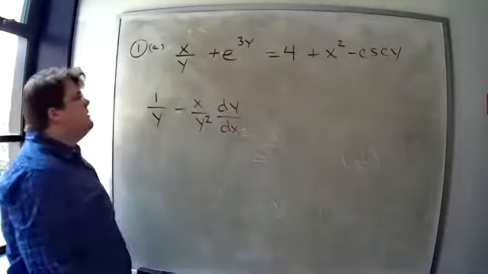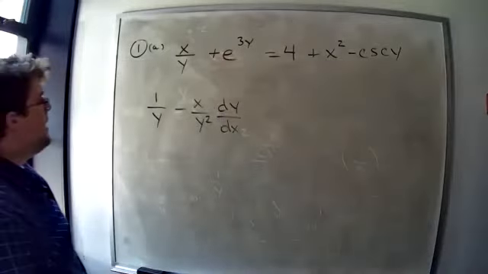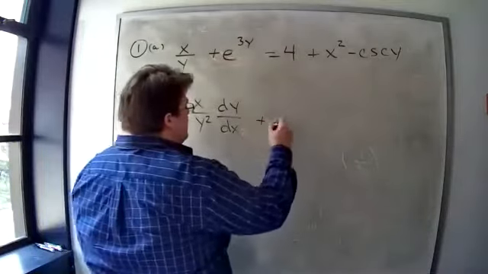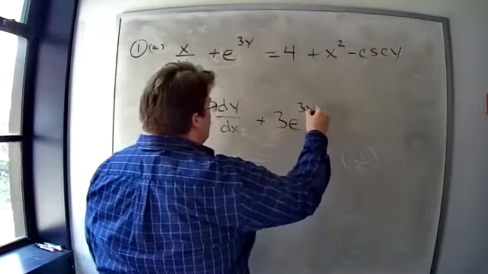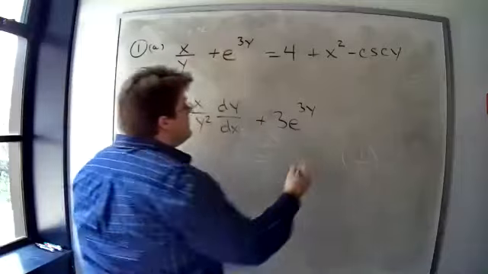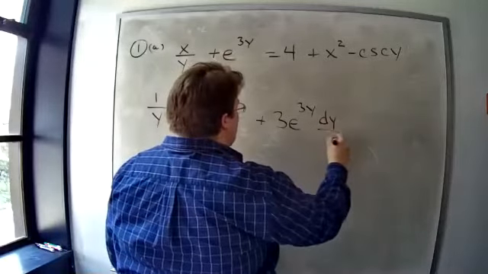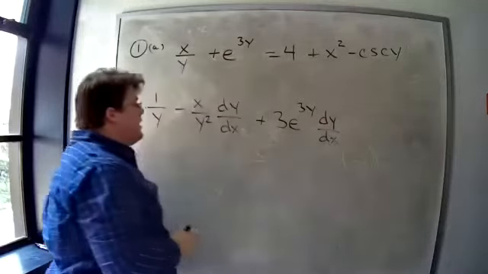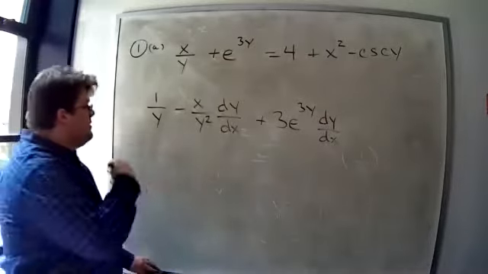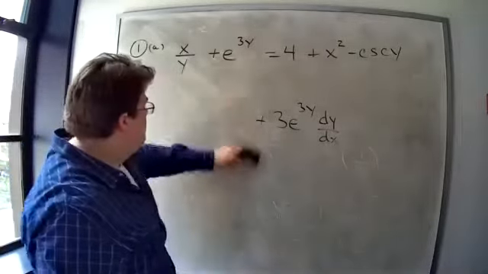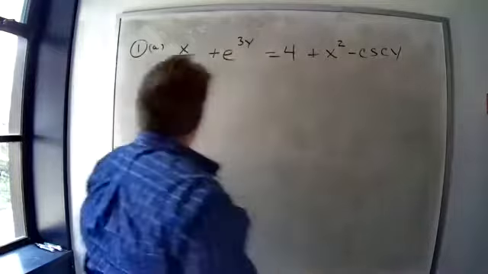So for this next piece, we have e to the 3y. That has a y. Derivative of e to the 3y is 3e to the 3y, and then multiply by dy dx by the chain rule.